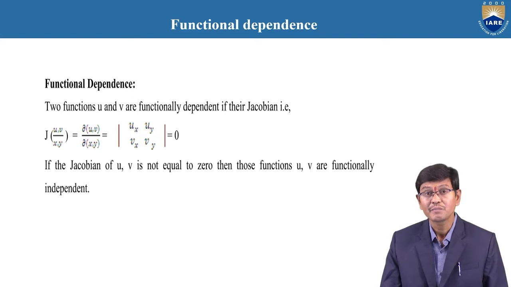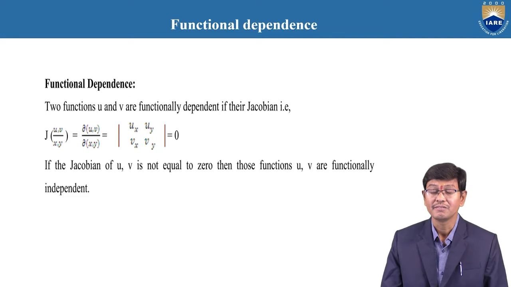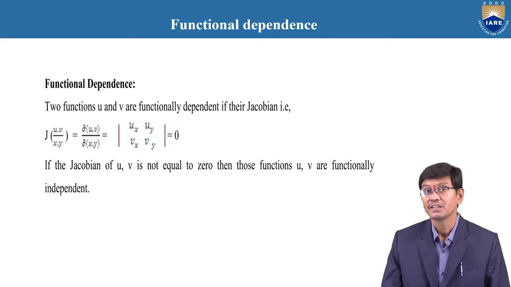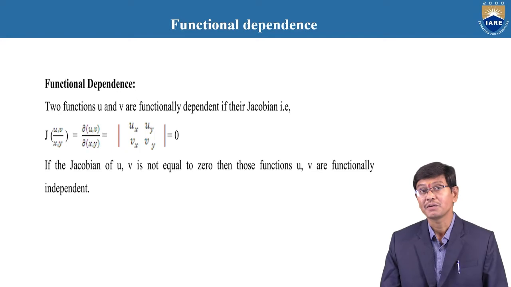If the determinant with ux and uy, vx and vy is equal to 0, the condition is called functionally dependent. Similarly, if the Jacobian of u comma v is not equal to 0, the condition is called functionally independent.